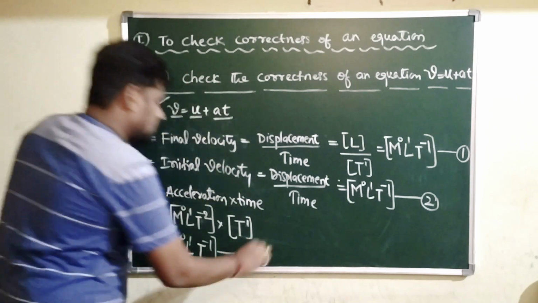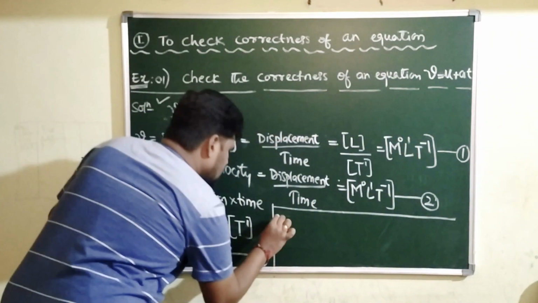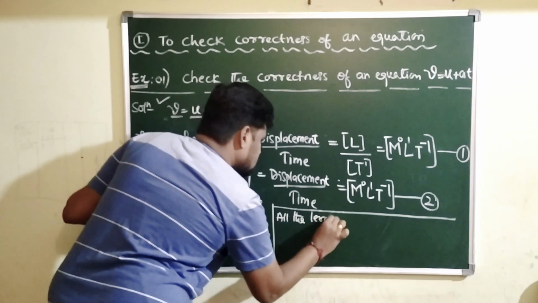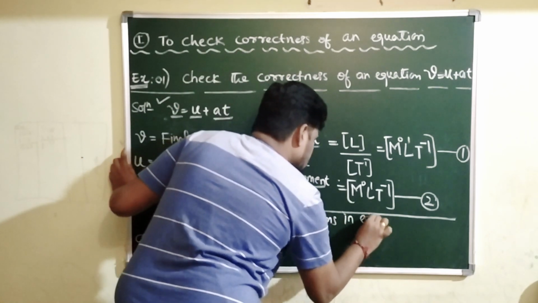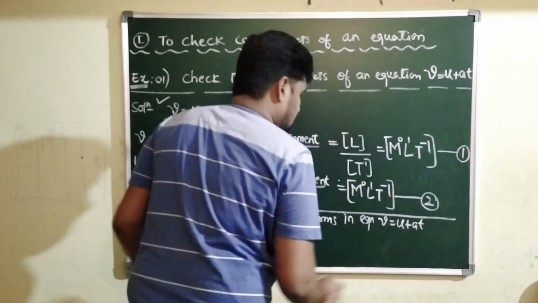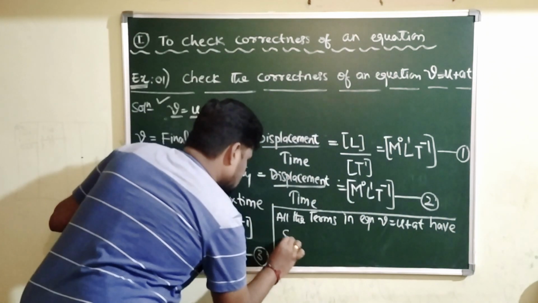Then what is the conclusion? You can write the conclusion of our discussion here. All the terms in the equation v equals u plus at have the same dimensions.